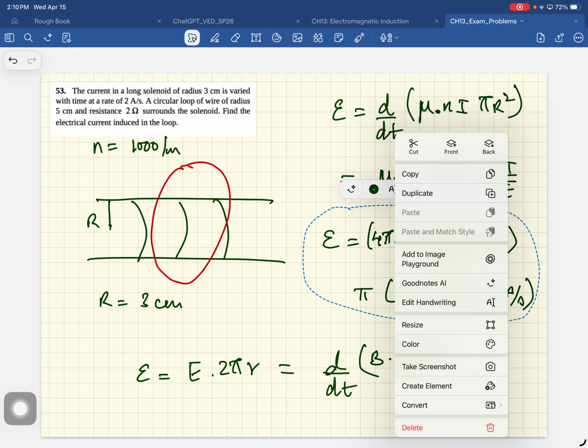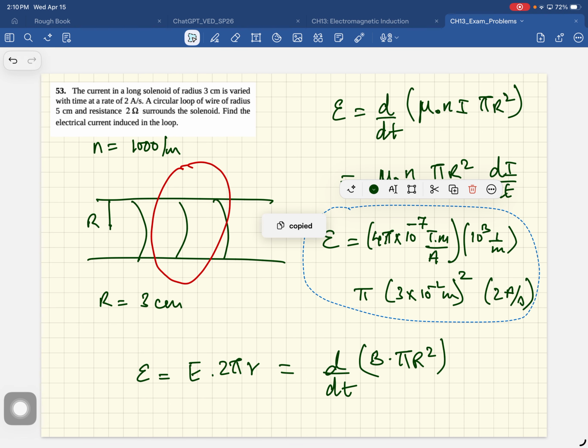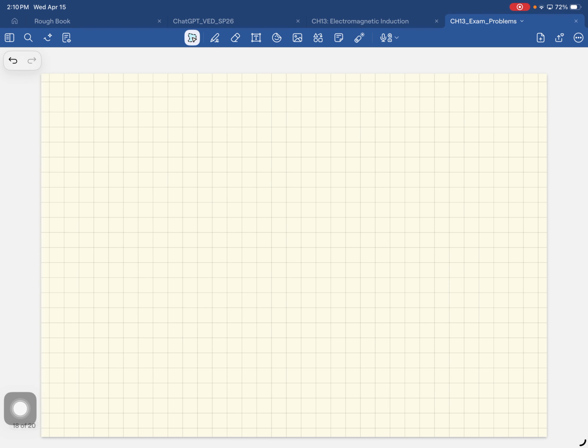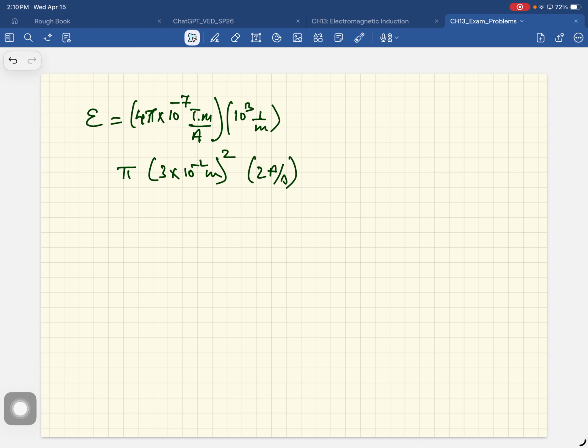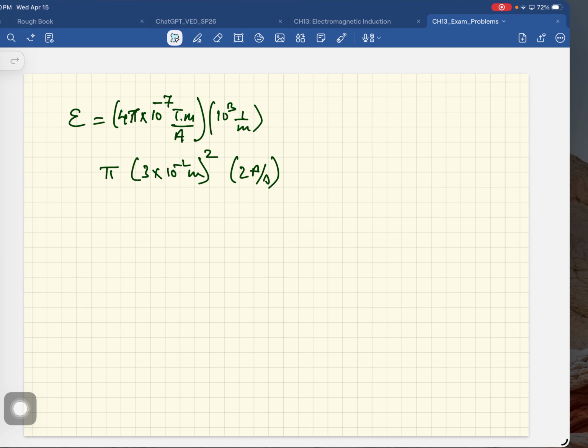So the angular velocity is the voltage amplitude divided by NAB. This is 30 millivolts and 20 turns.